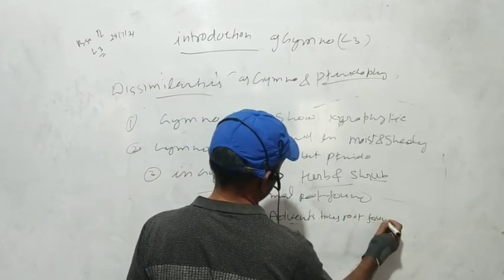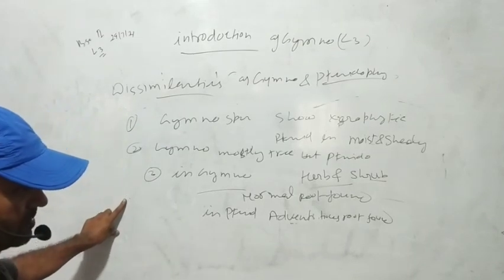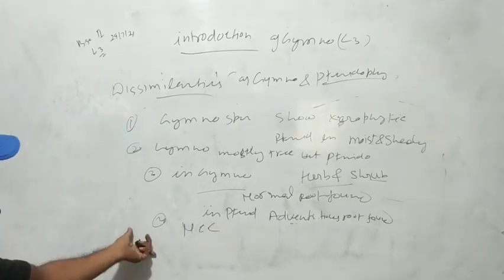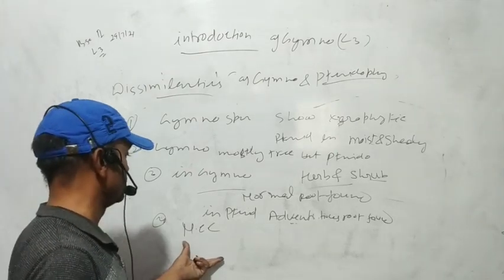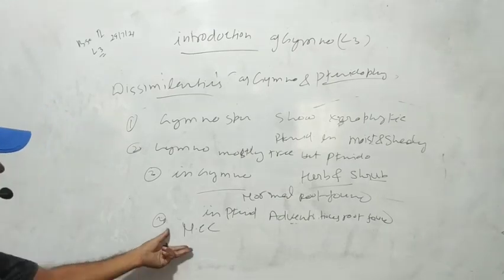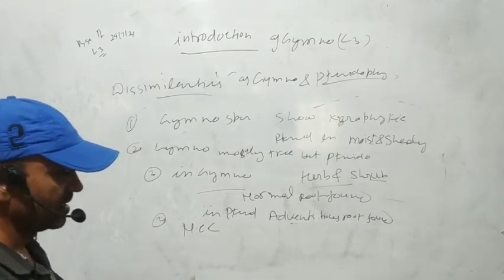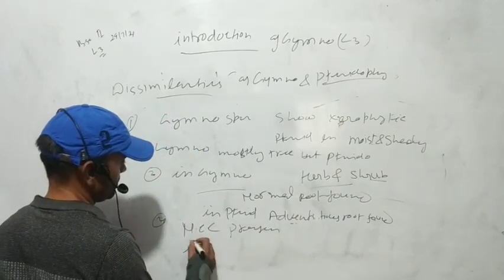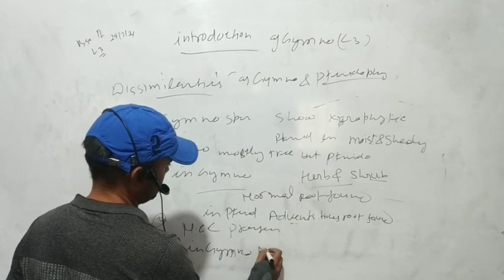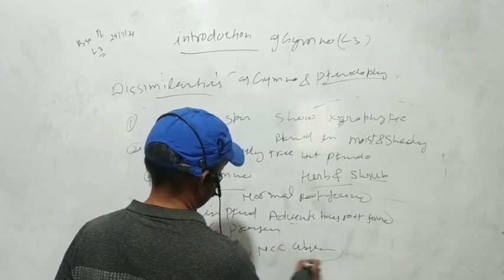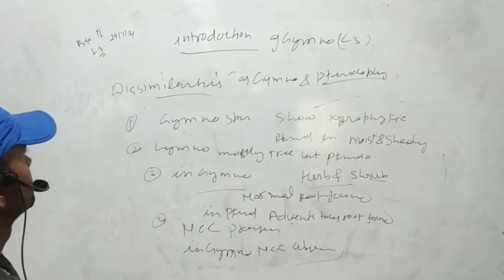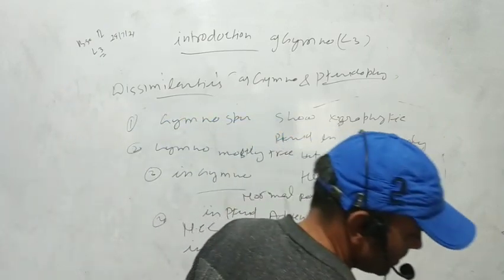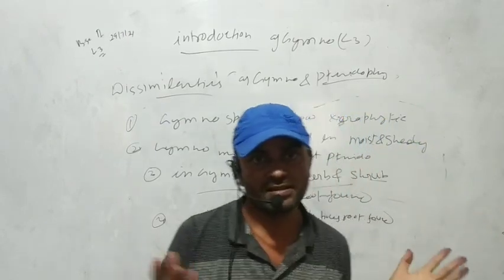This also differs. And next, neck canal cell: when I taught you reproduction, I gave you the definition and structure of NCC, neck canal cell. In pteridophyte it is present and in gymnosperm NCC is absent. These are some points of similarity and dissimilarity between pteridophyte and gymnosperm. This is sufficient for today. We will start tomorrow. Till then, thank you. Carry on study.